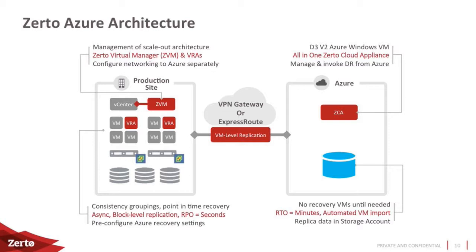Now, the great thing about this is that because we have the ability in Azure to mount a virtual machine directly to blob storage, we are getting some incredible RTOs out of replication up to Microsoft Azure. So we've had some customers who have said they've been able to restore within 4 minutes of initiating a failover.